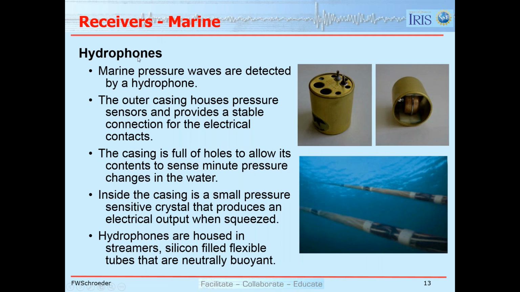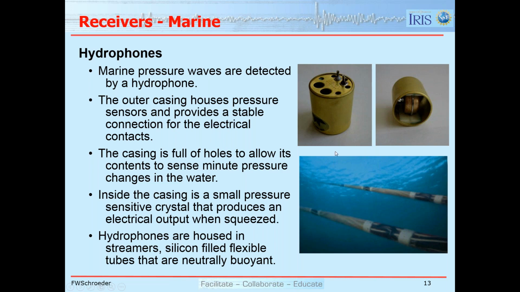In the marine environment, our receivers, our listening devices, are hydrophones. We are detecting pressure waves. So we have an outer casing of metal, and inside that we have pressure sensors. There are holes in the metal so that the pressure can be sensed.